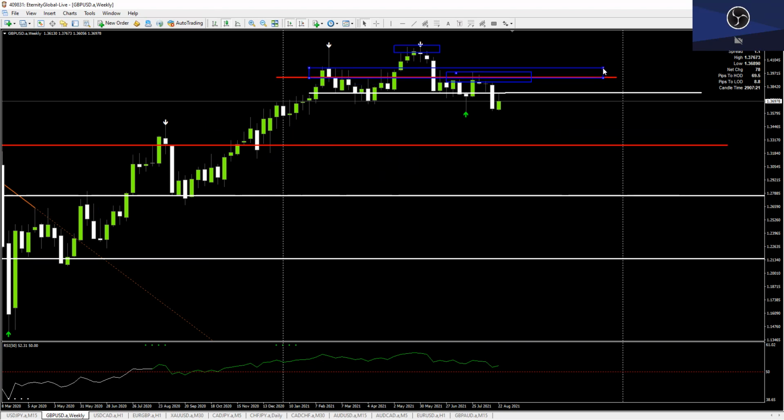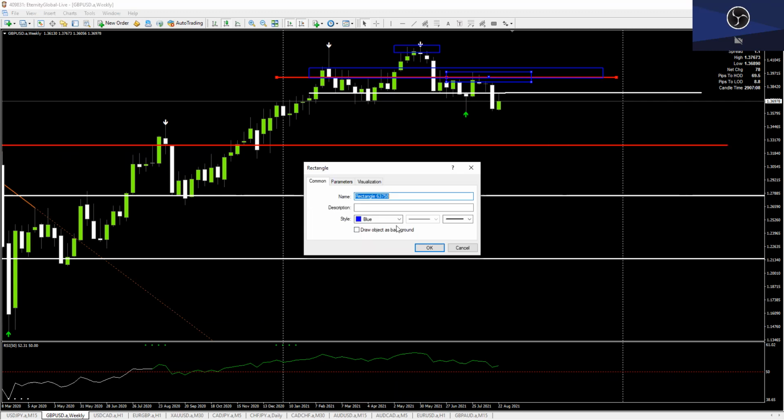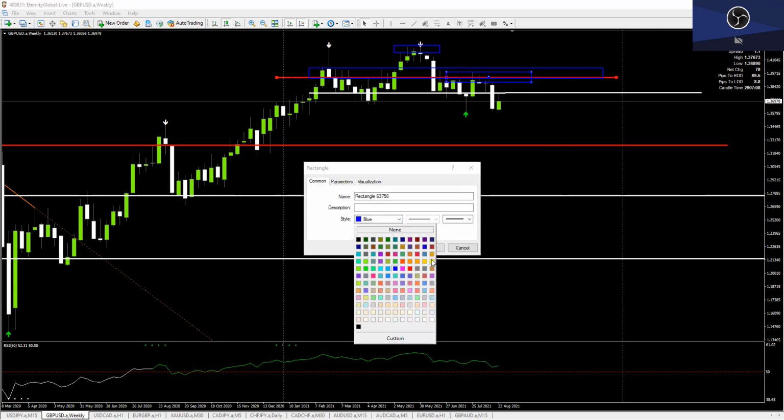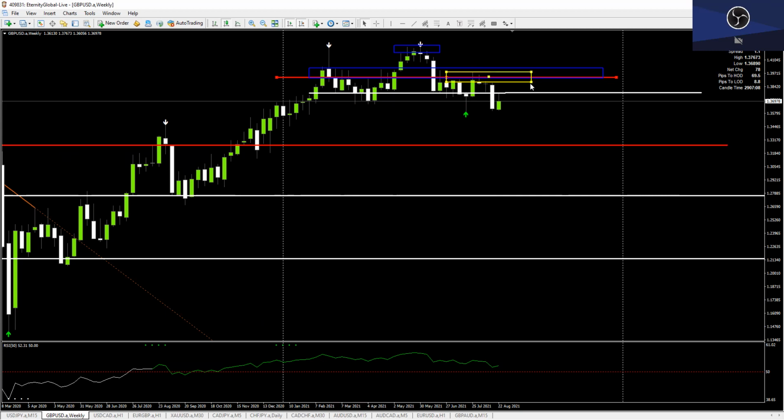And then we have shoulder number 2 here. All right, so ultimately, as you can see, my analysis here for this particular pound USD is going to be bearish.